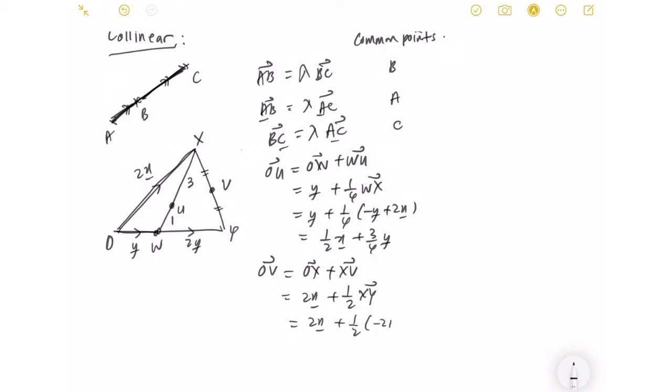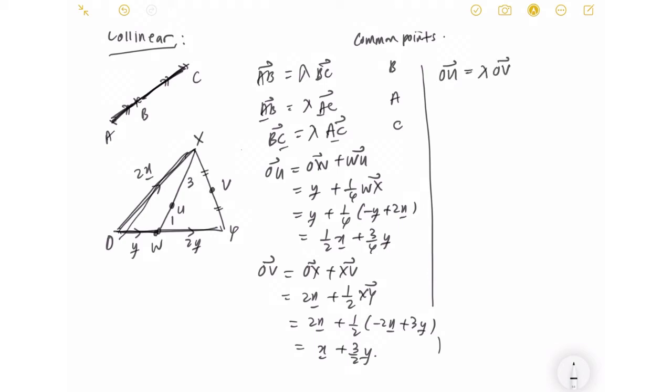Now, XY is minus 2X plus 3Y. So when you simplify this, you get single X, 3/2Y.